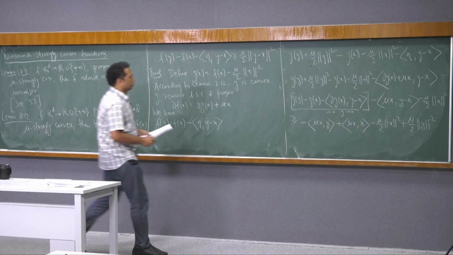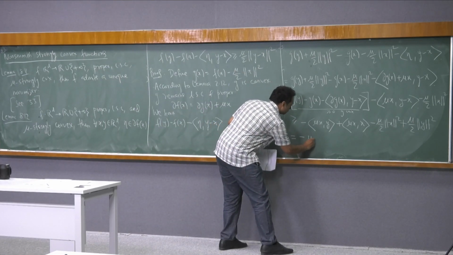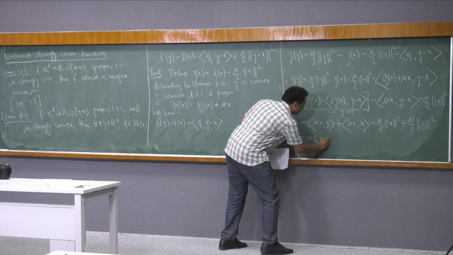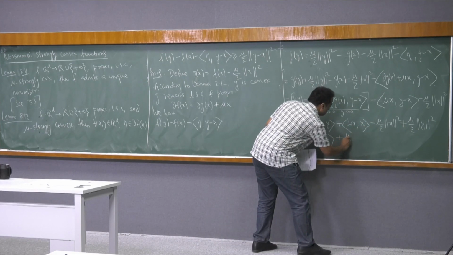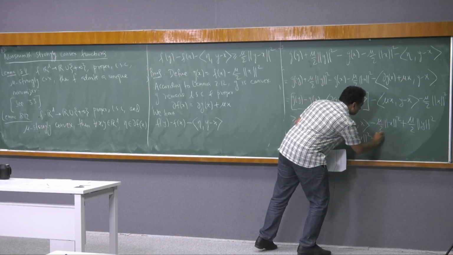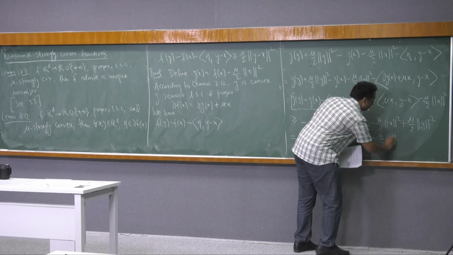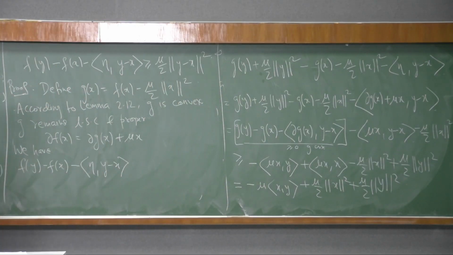So this is equal to minus mu, you can take this mu out, xy, plus mu by 2 norm of x square plus mu by 2 norm y squared. So this completes the square. This is exactly mu by 2 norm of y minus x whole square. Hence the proof.